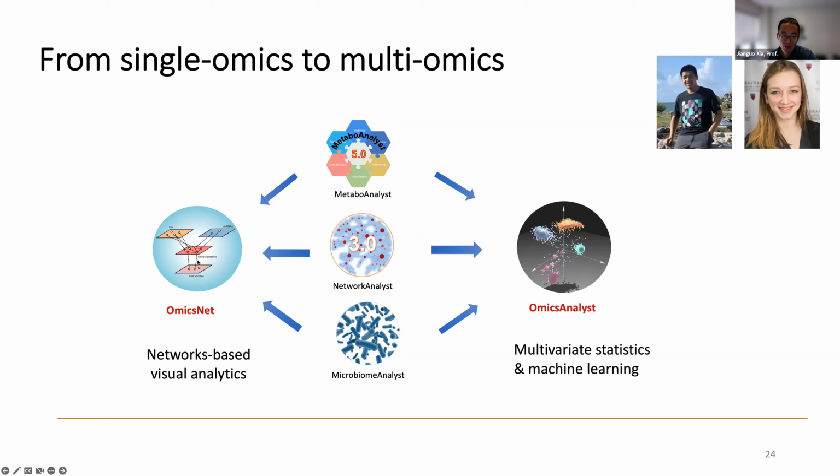This is the one I just mentioned, knowledge-driven. You have your signatures, you project them onto this network, and you visualize and perform analysis on these patterns. And OmicsAnalyst is the machine learning, multivariate statistics, where you can perform a lot of the commonly used dimensionality reduction and interactively visualize the patterns.